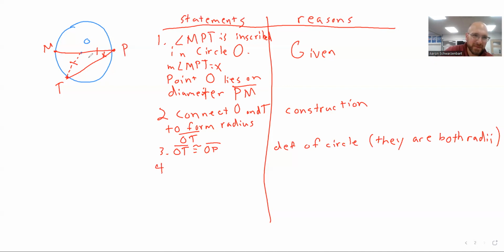Okay. This means I have an isosceles triangle, which means this angle over here is also X, OTP. And again, OTP, I go from O, the vertex is at T, the middle point, P. That's the isosceles triangle base angle theorem.